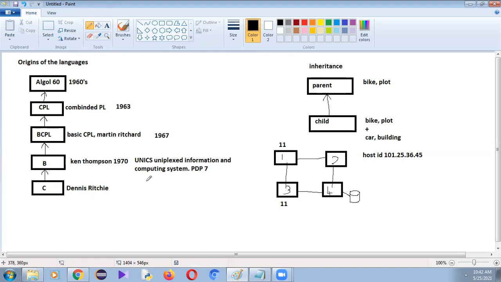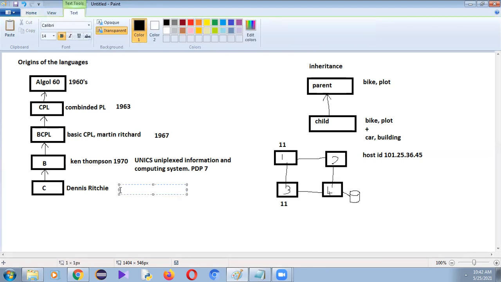Now, Dennis Ritchie rewrote this Unix operating system using his own programming language called C. Now, there should be a variation between the operating systems developed by Ken Thompson and Dennis Ritchie. That's why he compressed the CS to X, UNIX.